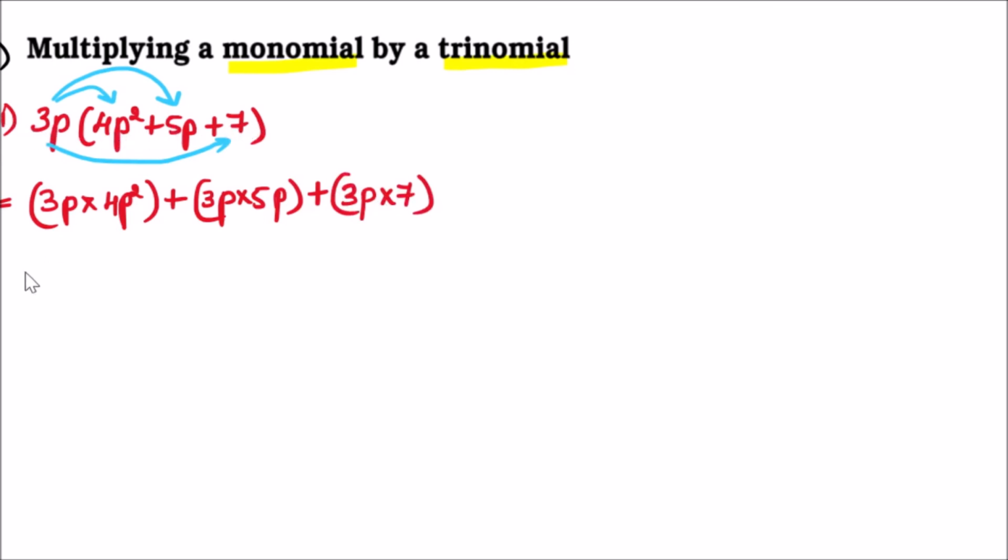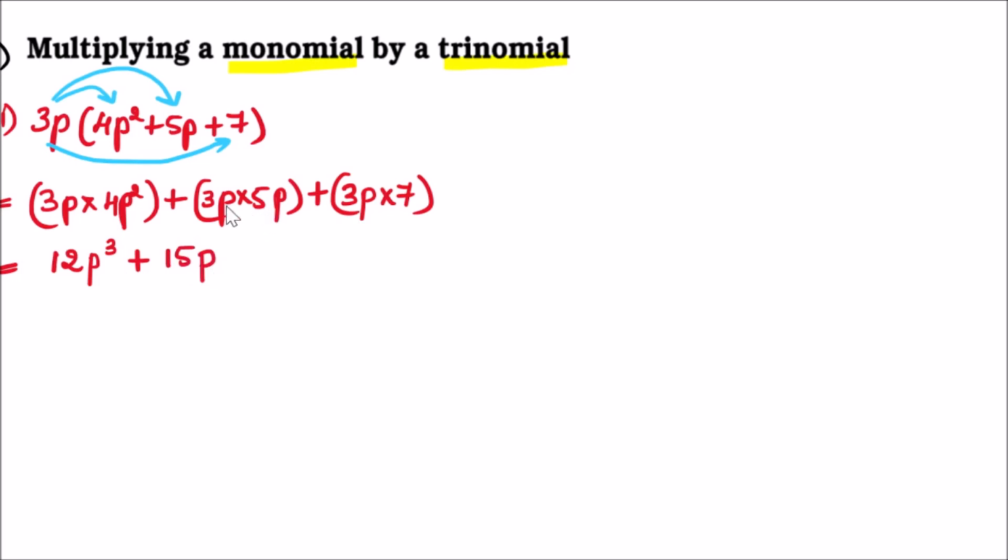Okay. Now 3 into 4 is 12. What is p into p square? So it is p here, nothing means 1. P into p square is p cube plus 3p into 5p. 3 5s are 15 p.